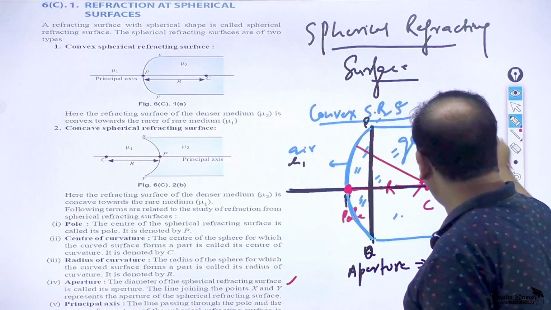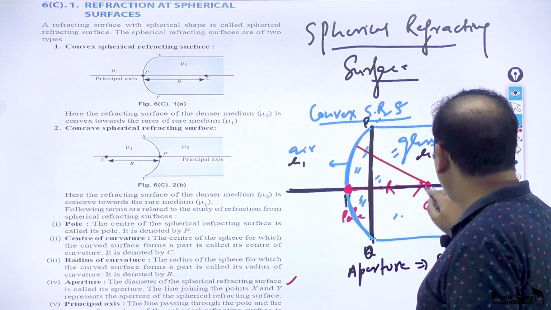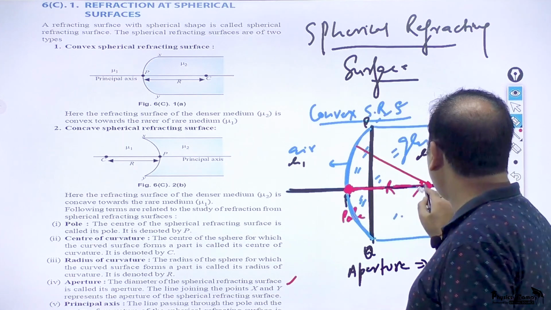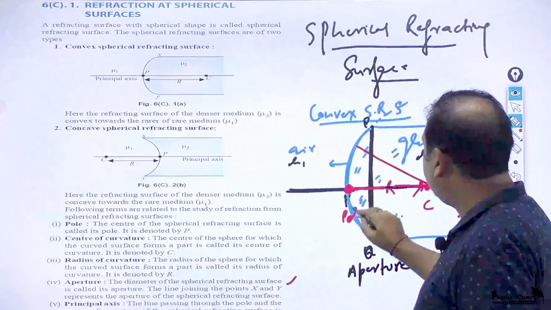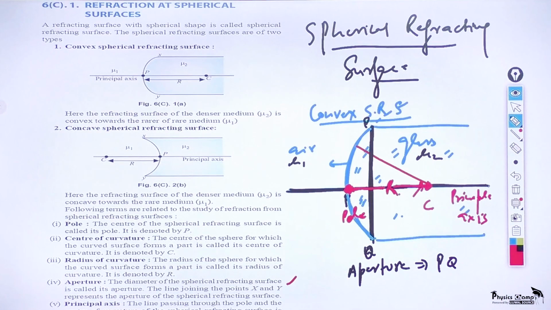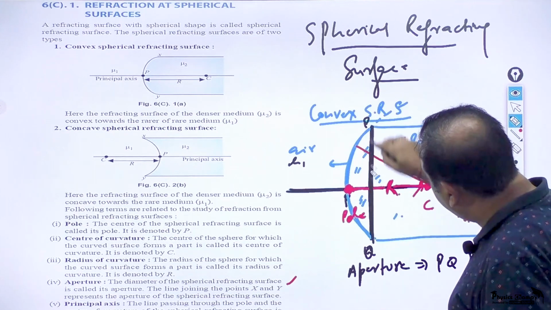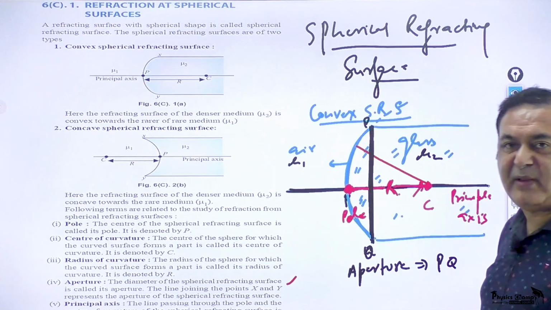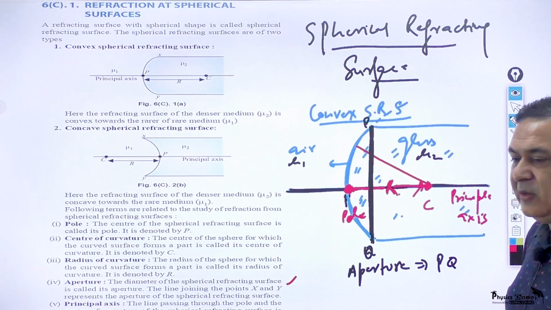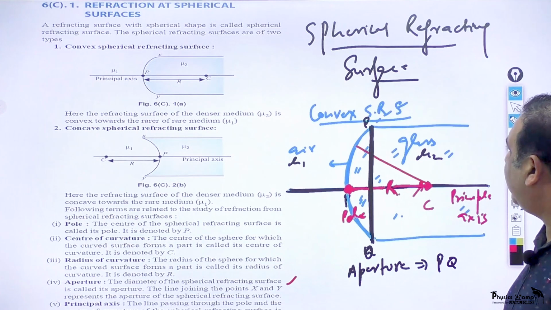For this sphere of which this convex refracting surface is a part, you have a center of curvature. The distance of center of curvature from the pole is obviously the radius of curvature. And then this term called aperture is the shortest distance between the two edges of that convex refracting surface, PQ. So this is one side. We have seen the convex refracting surface.